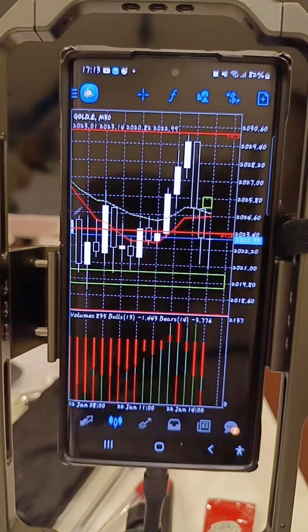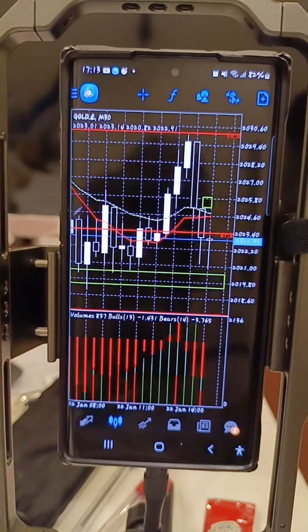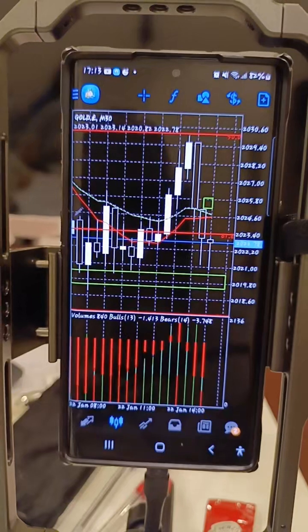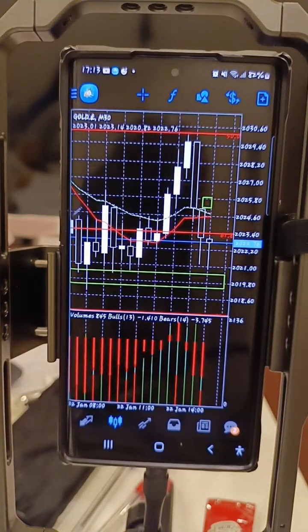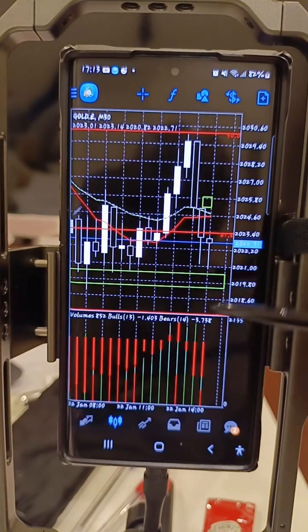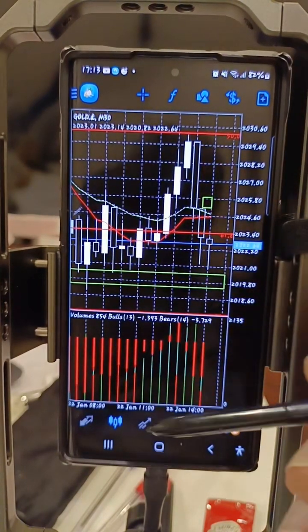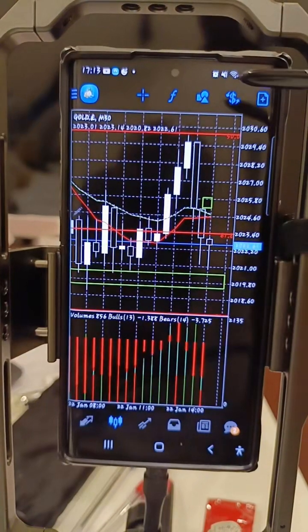Very simple. As I said, this is just for learning purposes. You need to do your own risk management. You need to make sure you understand how to use a mobile phone. So I'll go through this again for new instruments.